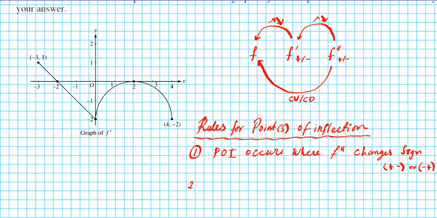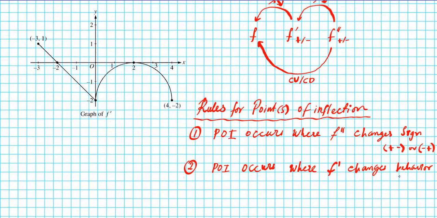Another way you can find a point of inflection, it occurs where the first derivative changes behavior. Changing behavior, I'm talking about where it changes from increasing to decreasing, or where it changes from decreasing to increasing. So wherever it changes its behavior, then you have a point of inflection there.